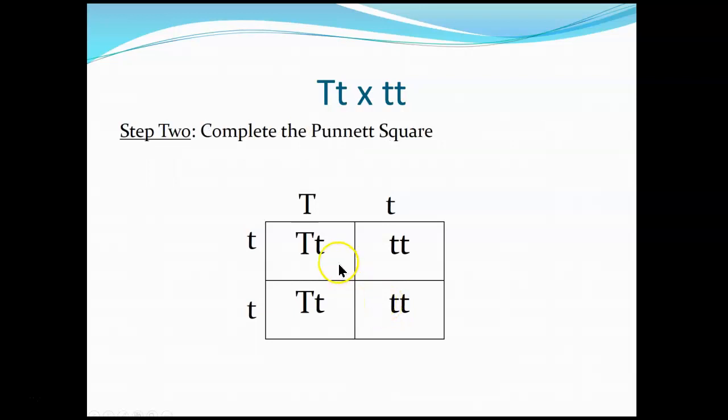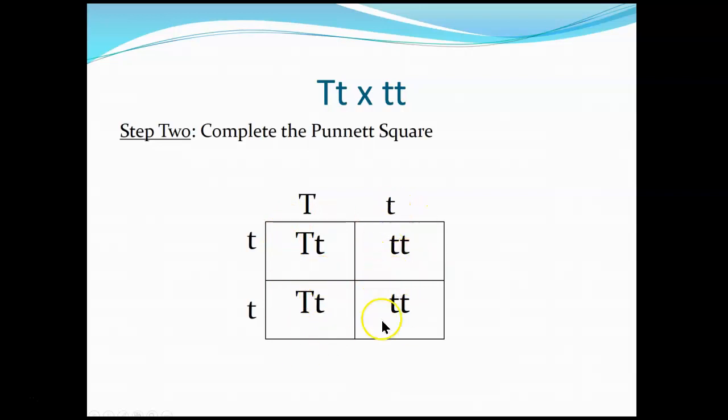When we do that, we see that we have a different looking Punnett square than we did before, because now we have 2 individuals that are heterozygous, and out of the 4 offspring, these 2 would be tall, so 50% would be tall.